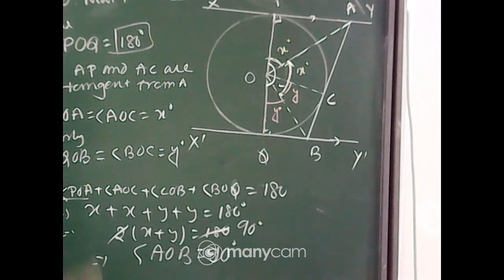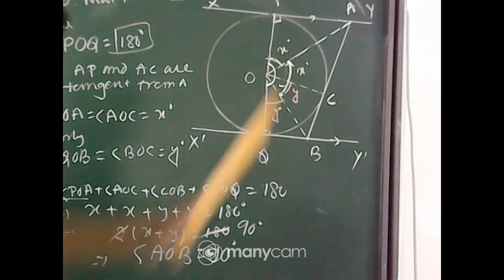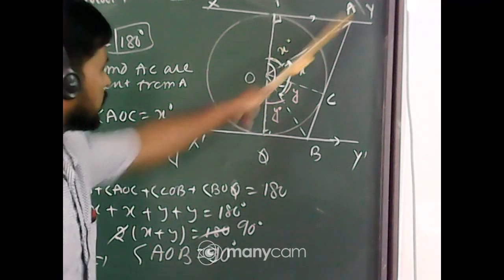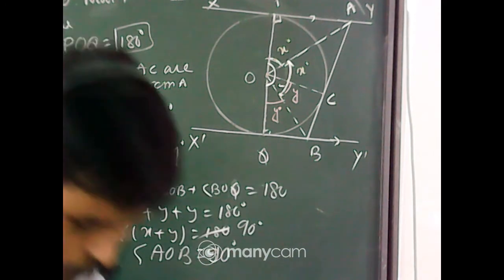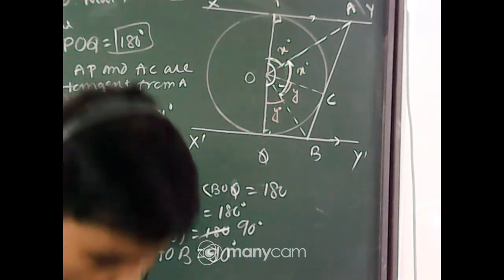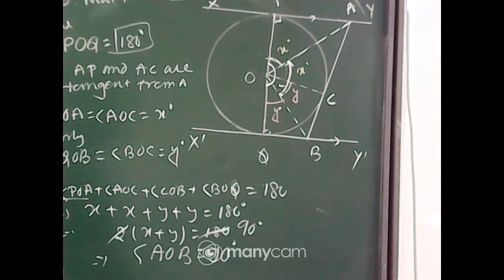We're writing AOB in place of x plus y because the value of x plus y gives you the total angle AOB. So AOB is equal to 90 degree, and that was the proof we have to do. Prove that AOB is equal to 90 degree, and hence this is proved. Completed.